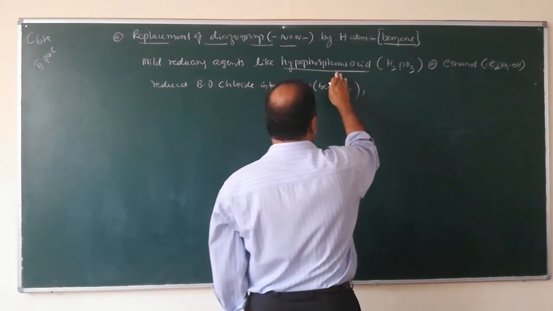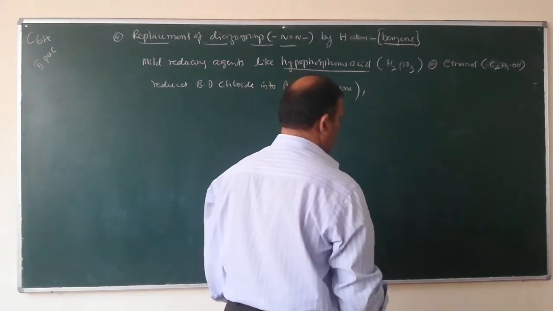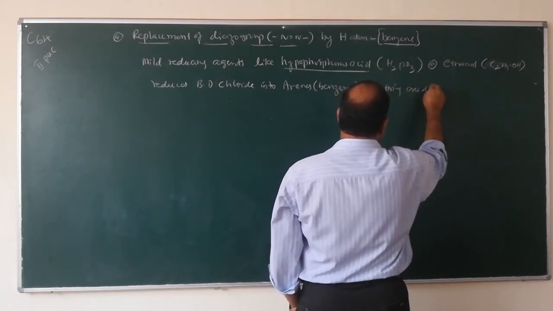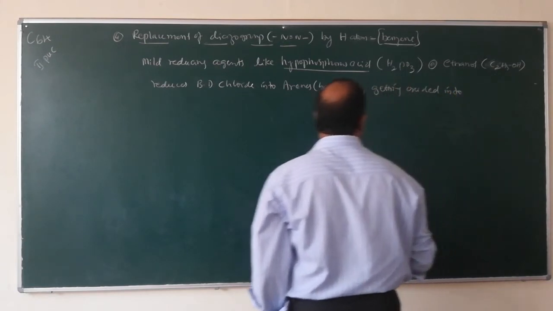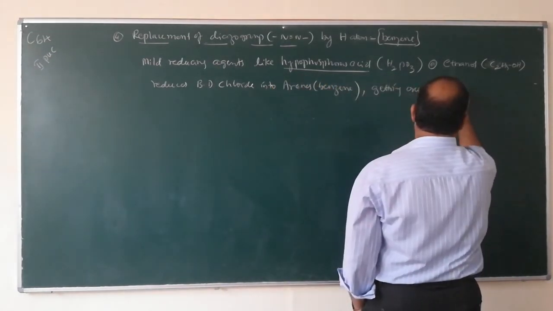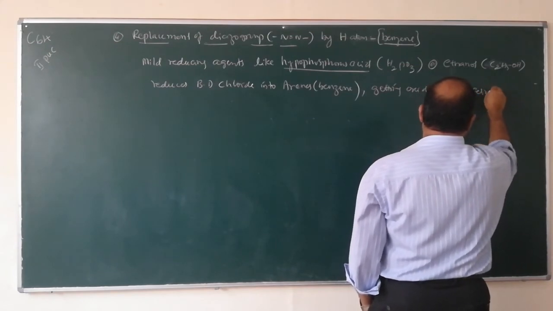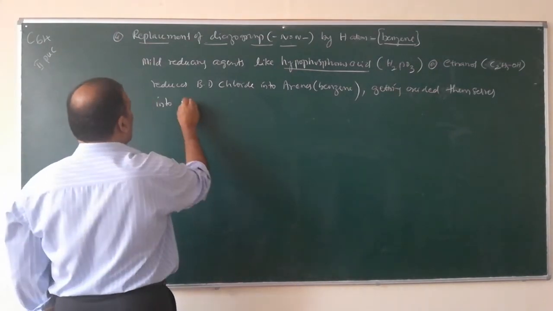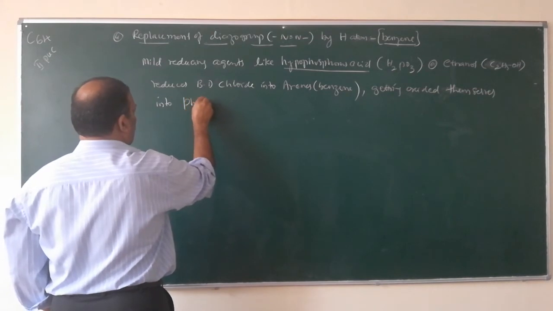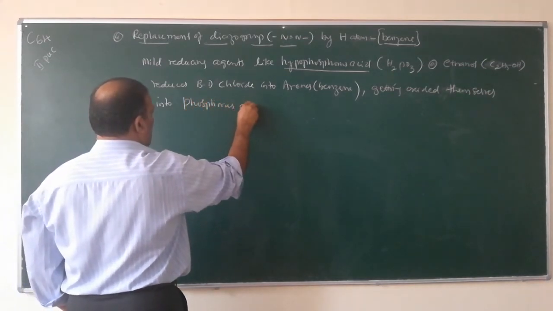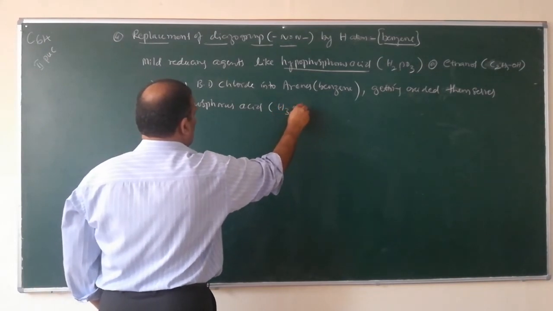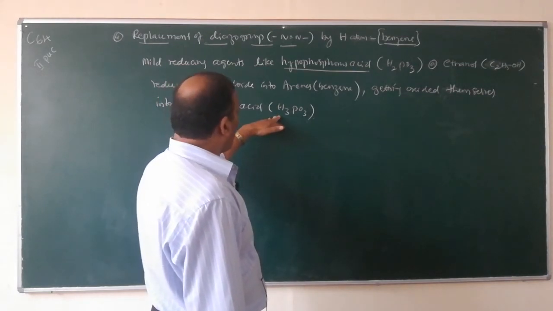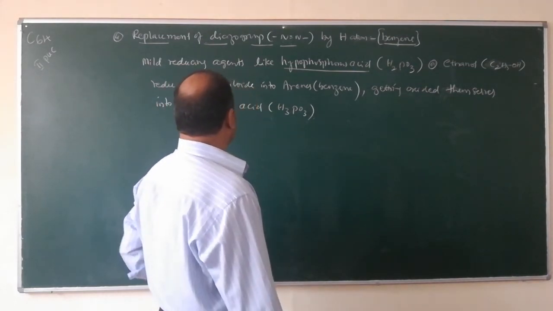While doing so, these reducing agents get oxidized themselves. Hypophosphorus acid is oxidized into phosphorus acid, H3PO3.